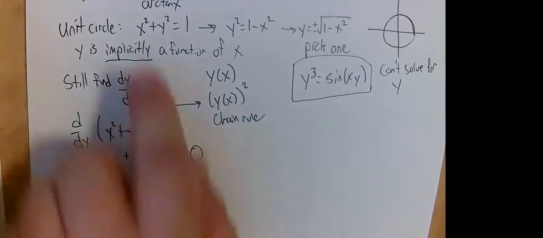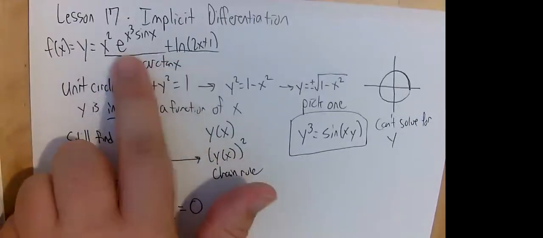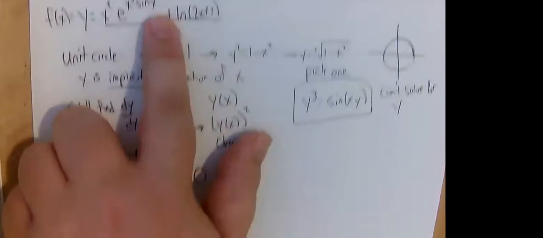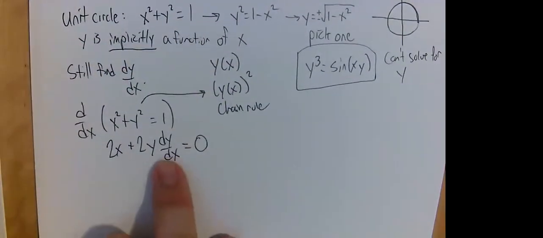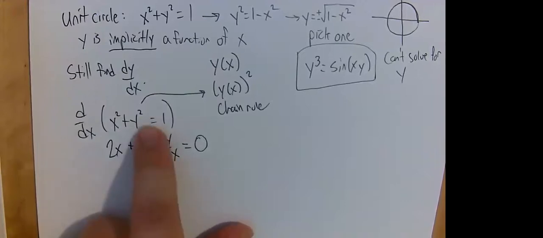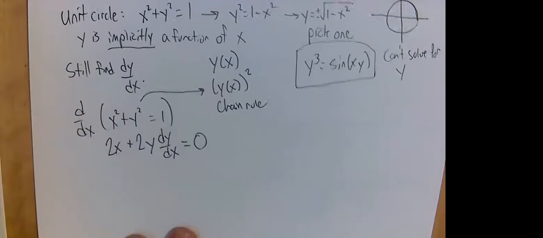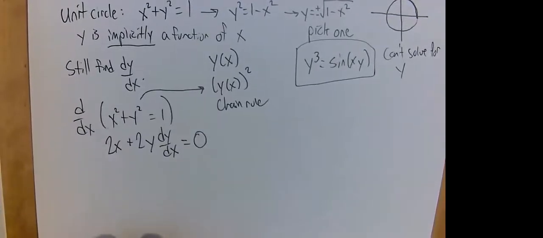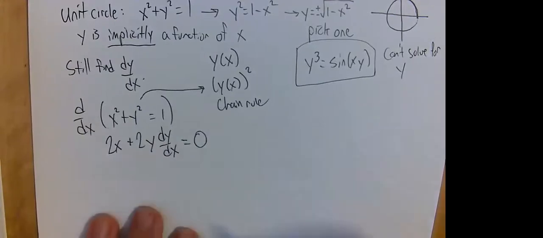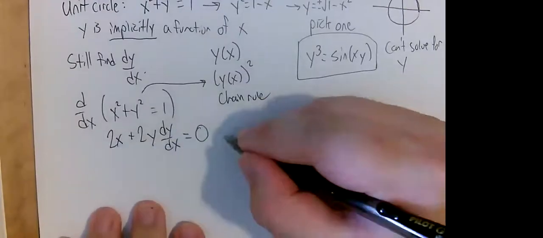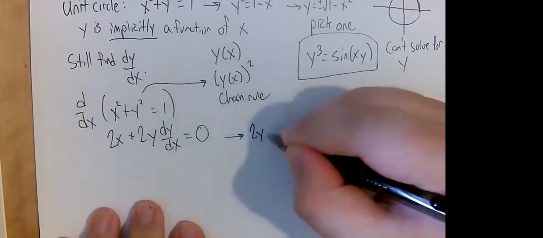Okay, now unlike finding a derivative of, say, something like this, where once we go through the derivative rules, we have an answer, here we have dy/dx mixed in with the x's and y's, just like we have a y mixed in with the x's and constants and other things here. So if we want to find dy/dx, we need to algebraically solve for dy/dx. So I'm going to subtract 2x from both sides.